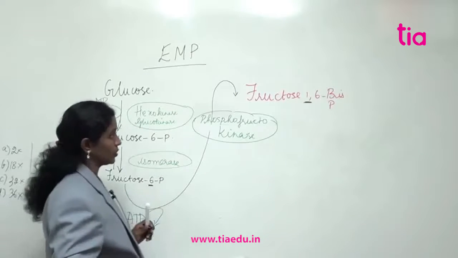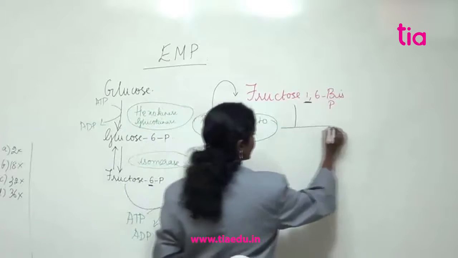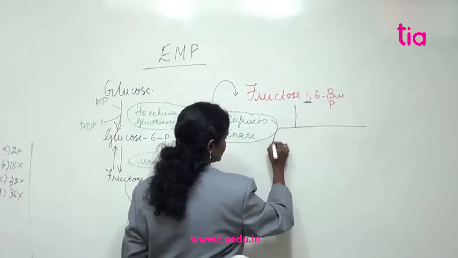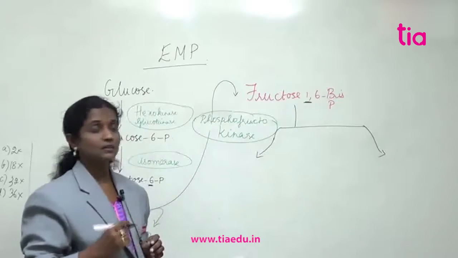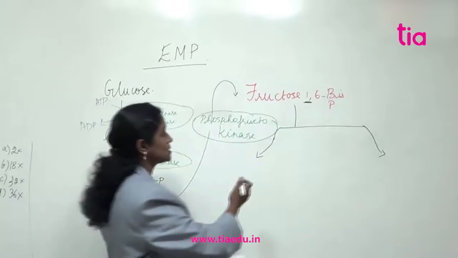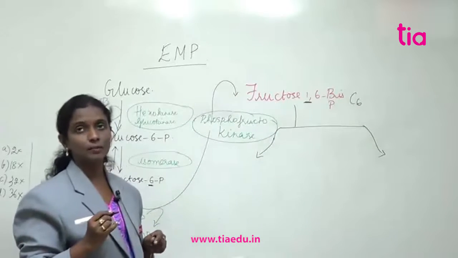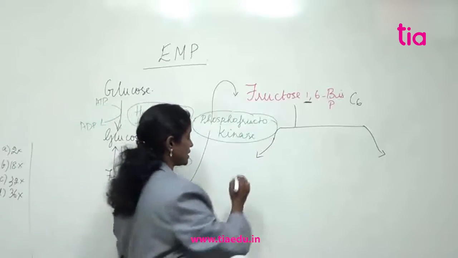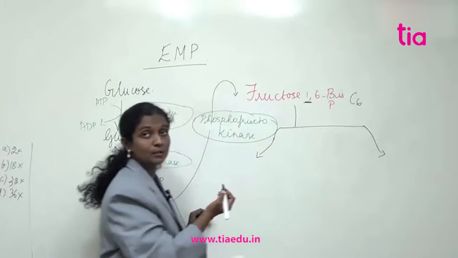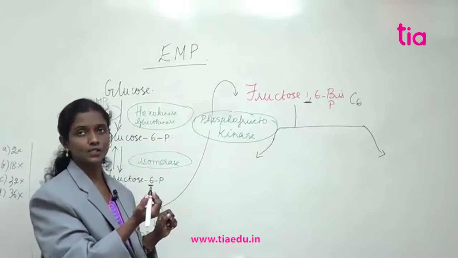Now, fructose 1,6-bisphosphate is a 6 carbon sugar. This 6 carbon sugar can be broken down into 2 three-carbon sugars. What are the 2 three-carbon sugars? Glyceraldehyde 3-phosphate and dihydroxyacetone phosphate.